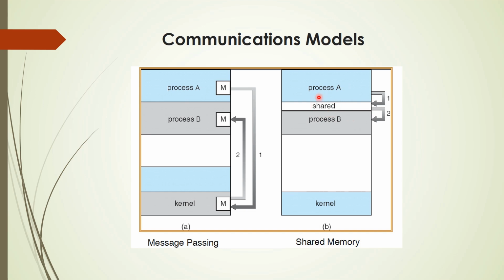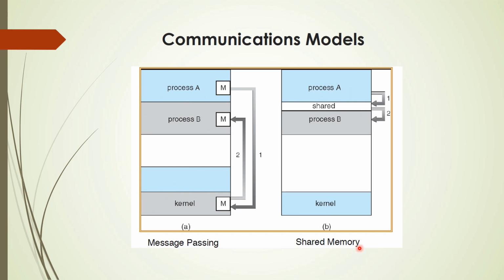Suppose there is a file which is shared in this memory and process A wants to read the file, process B wants to read the file, both of them can read the file. Or process A may write to the file, process B can read the changes that are being done to the file by process A, and vice versa. So that is how the message passing and shared memory models work.